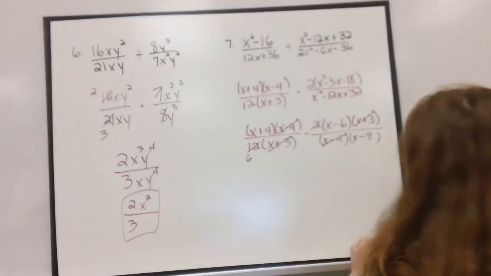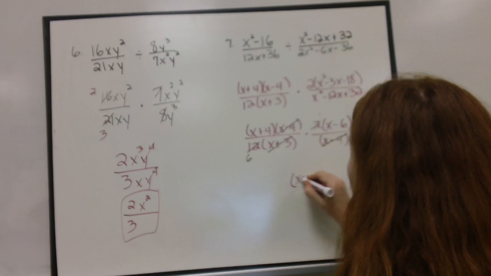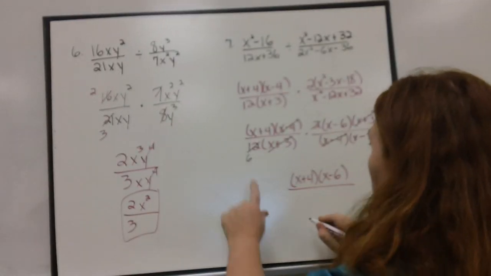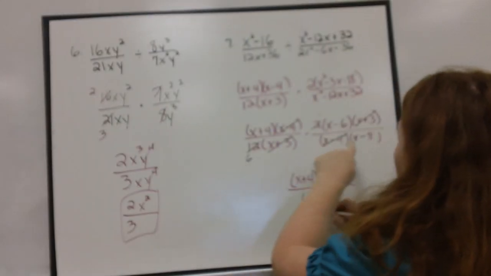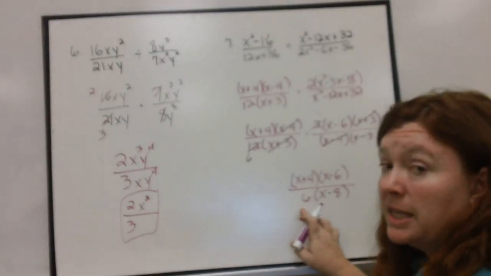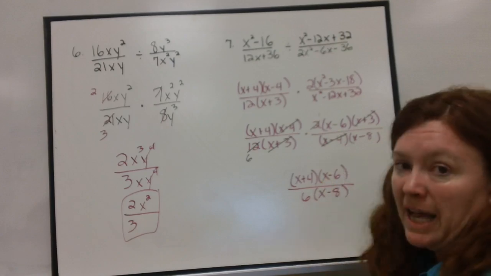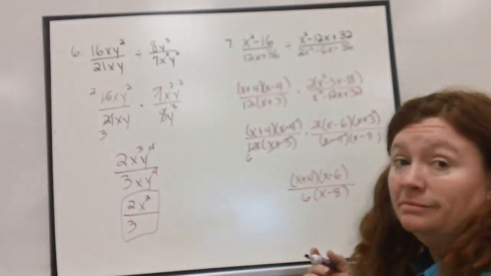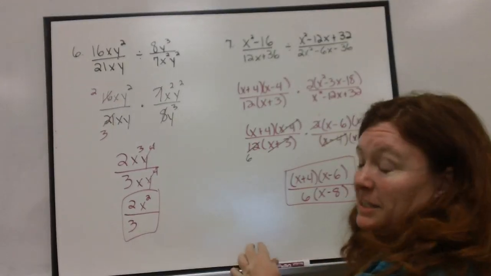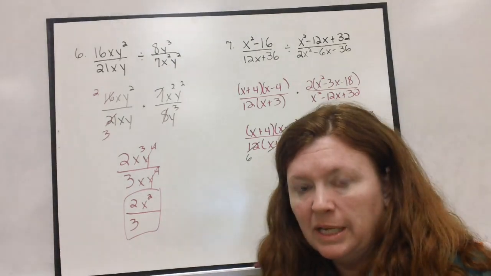And so my final answer is I have an x plus 4 times an x minus 6 over, I have a 6, and I have an x minus 8. Again, this 6 cannot cancel with this 6 because this one is chained to the x. So I'm done. It's my final answer. Some of them can be nice and light, and some of them can be pretty complicated, but follow the path and the rules, you should do fine.